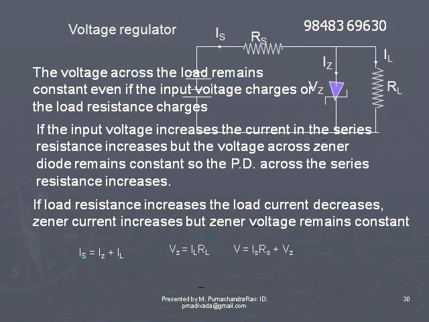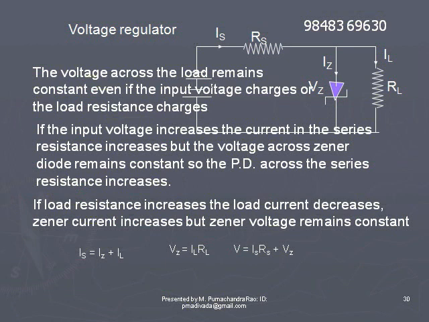Now, let us see the other effect. In some cases the load resistance may change. If the load resistance increases, then the current through the load decreases because Vz, the voltage applied across it, is constant. As the current decreases, Iz will increase. Even though Iz increases, Vz remains constant.